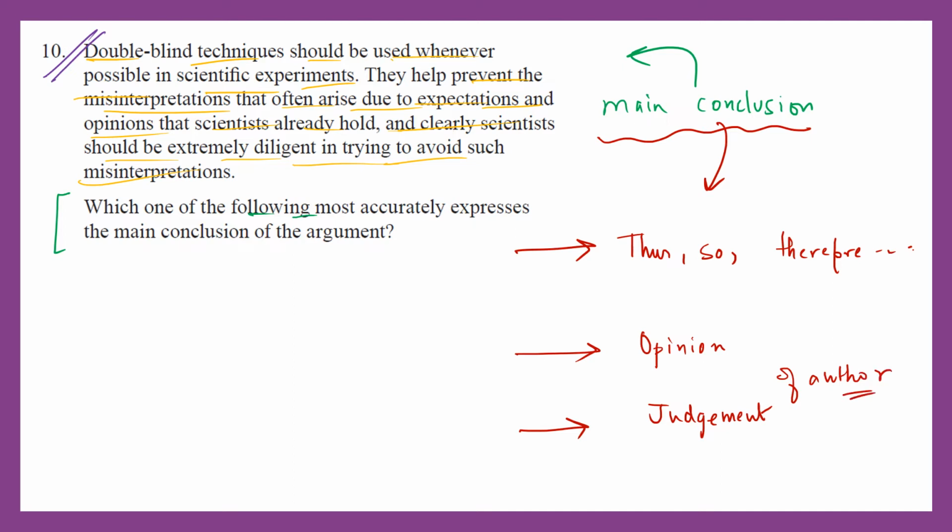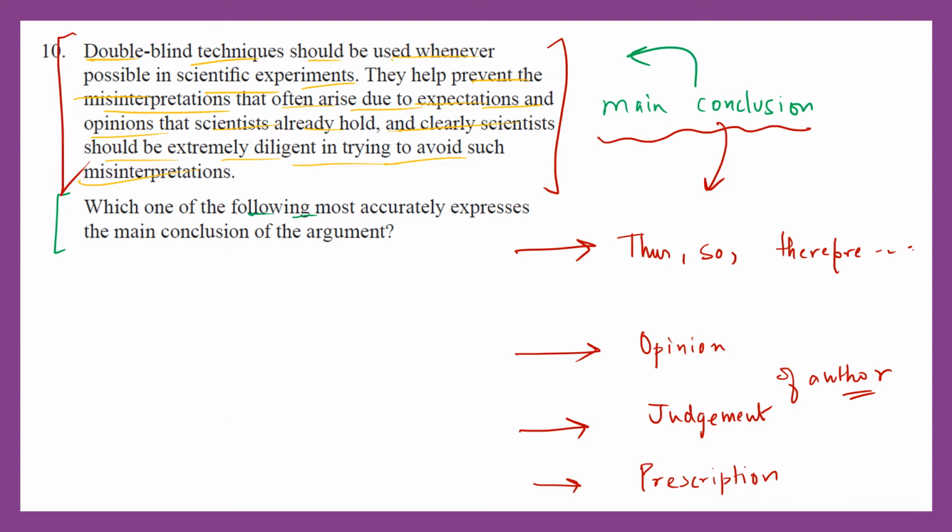So when you look at this entire paragraph, do you see something that looks like an opinion, a judgment, or something like a prescription on what should be done or what should not be done?